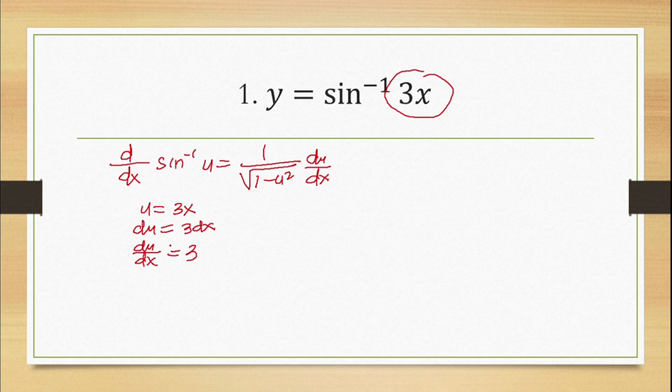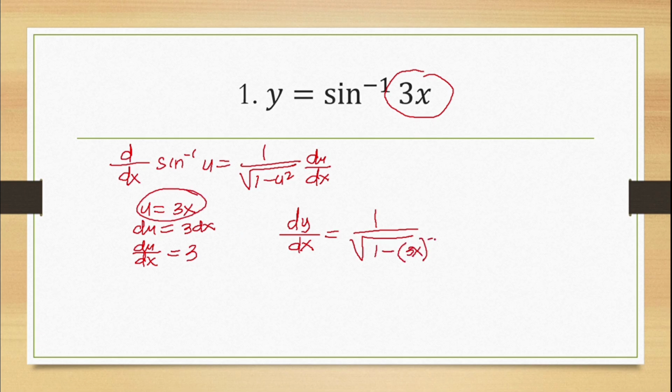So now we can simply substitute into the given equation. So in the given equation, we have dy over dx is equal to 1 over the square root of 1 minus the u here, which is 3x. So we're just going to substitute 3x squared, times the derivative du over dx, which is 3. So this is multiplied by 3.